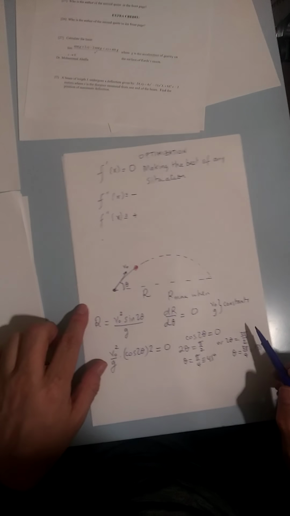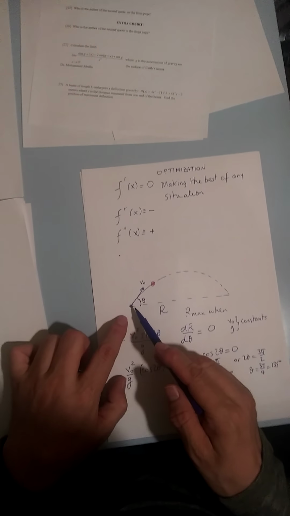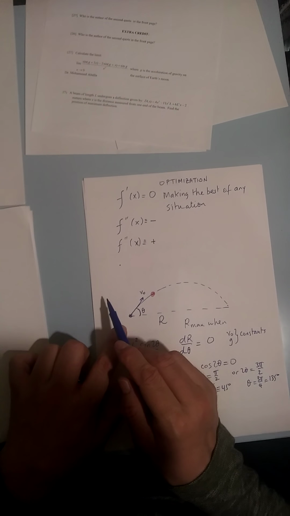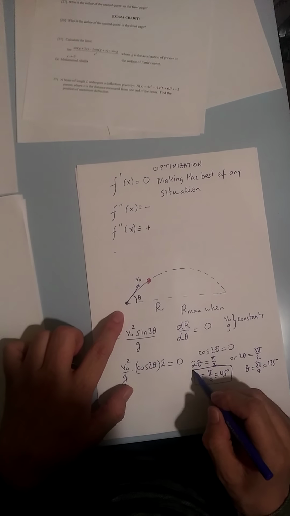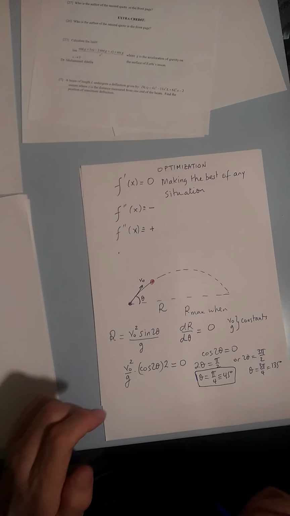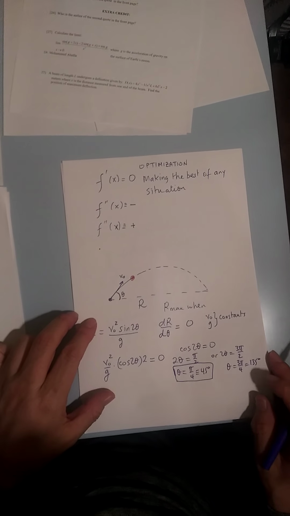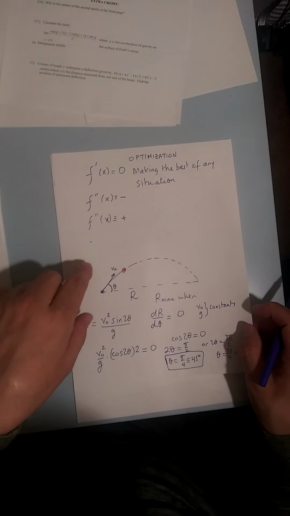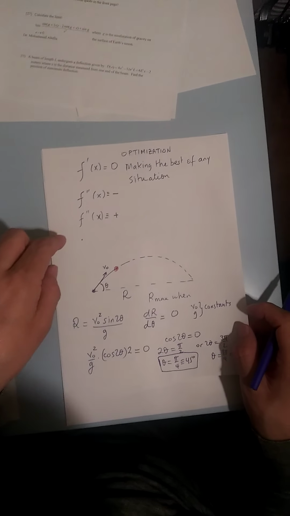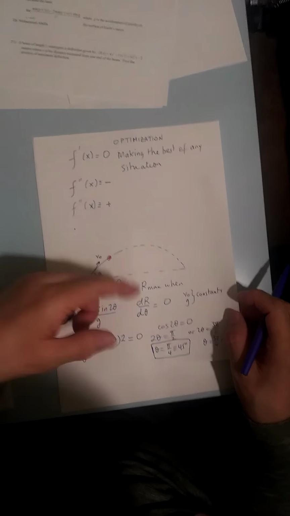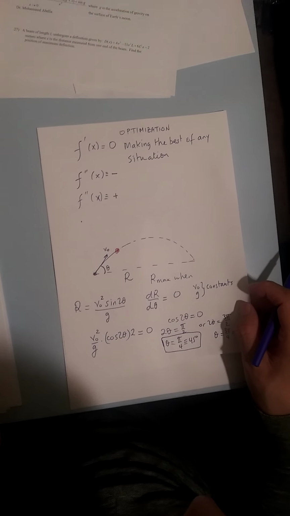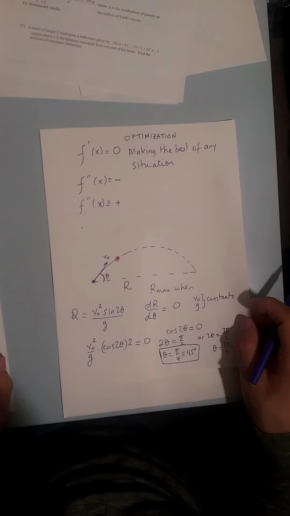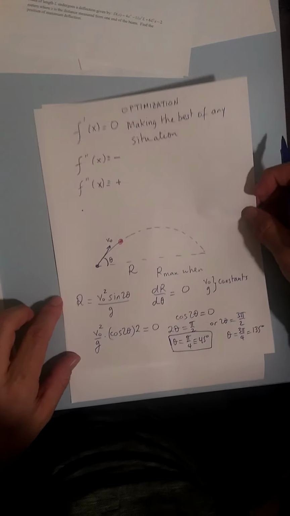But 135 degrees means you shoot the projectile backwards. We're not. So the solution is theta equals 45 degrees. 45 degrees is the angle which will optimize the range. It means you get the longest field goal possible if you kick at 45 degrees in the absence of air resistance. We're going to do another example.